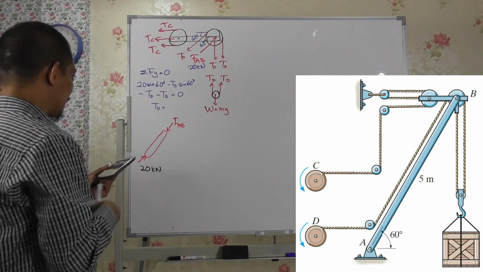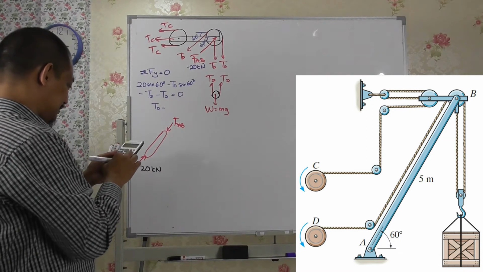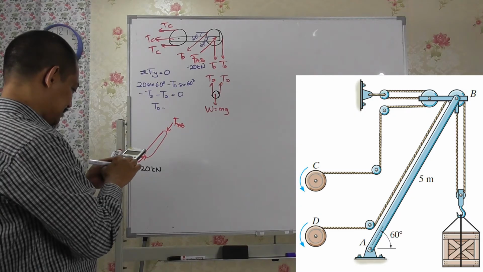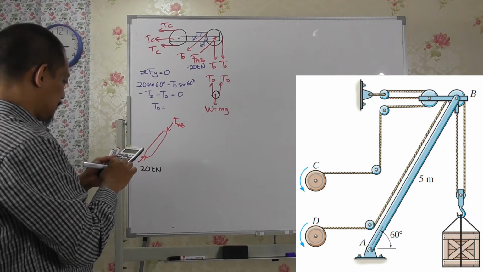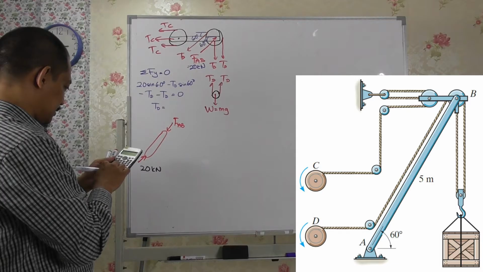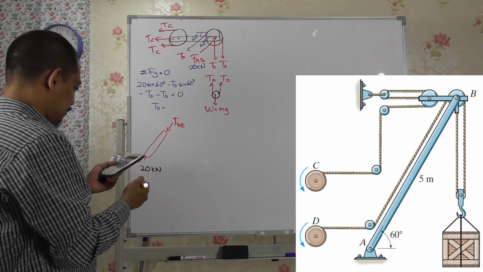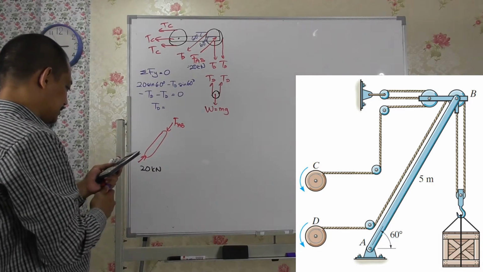If I do it step by step, first sine 60, and then 1, and then 1, so you get 2.866.